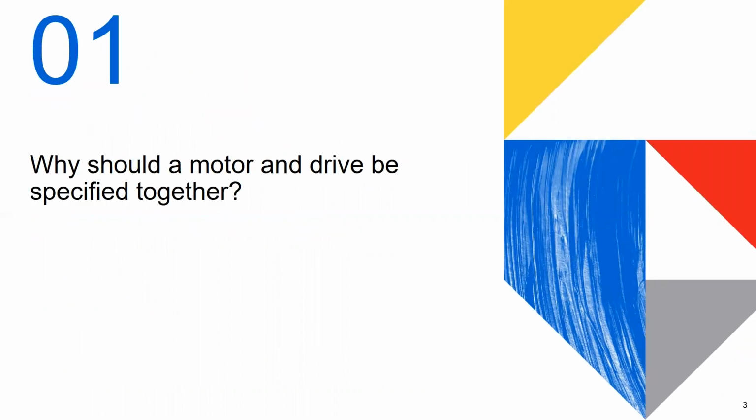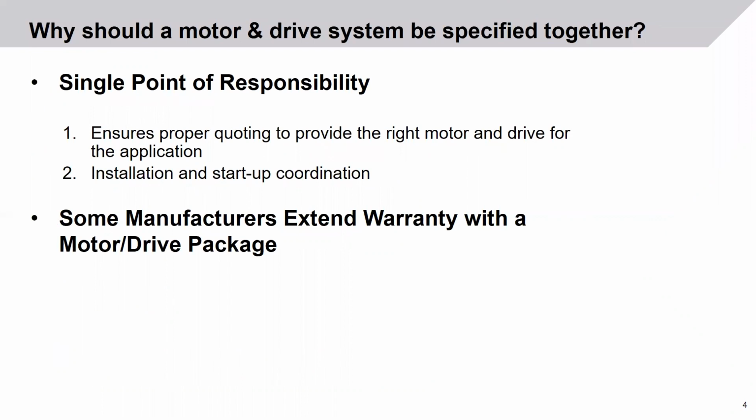Why should a motor and drive be specified together? Single point of responsibility ensures proper quoting to provide the right motor and drive for the application, installation and startup coordination. Also, some manufacturers will extend warranty with a motor and drive package.